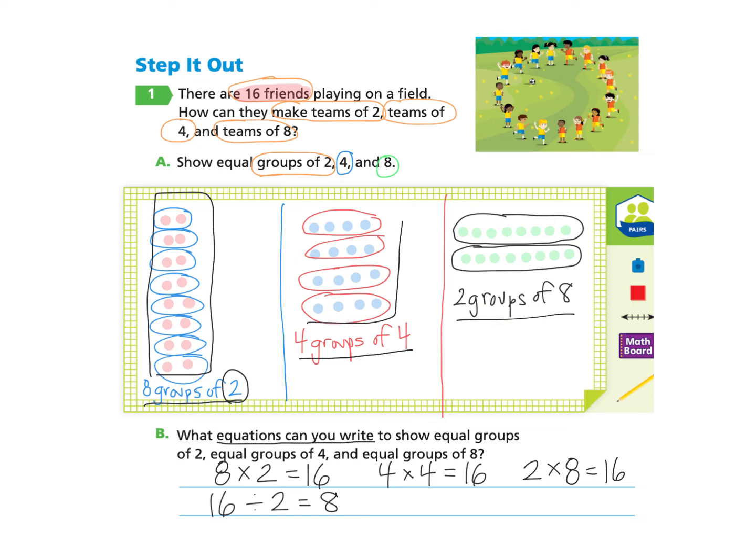The next group, again, we started with 16, and then we put them into teams of 4, and we found that there were 4 on each team. And our final group, again, we started with 16, and we put them into teams of 8. And when we did that, we found that there were 2 groups made of 8 friends. So these are our multiplication and division equations that we created from the word problem.